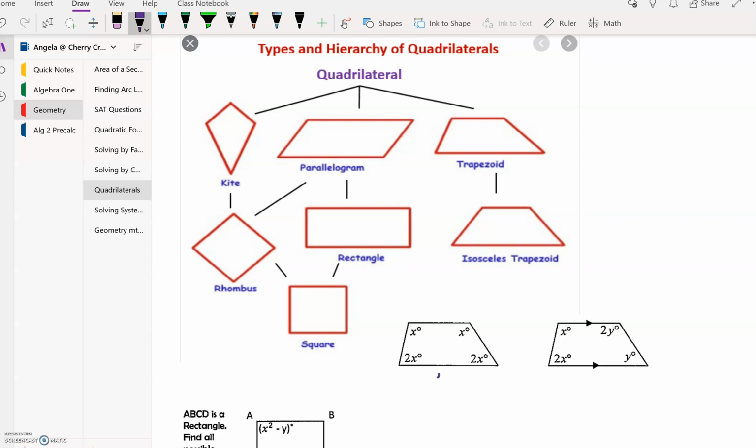So for example, on a figure like this, if you were going to solve for x, you would say, well, I know 360 degrees is equal to x plus 2x plus 2x plus 2x. So I get 360 degrees is equal to 6x.